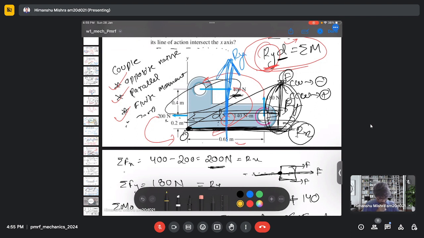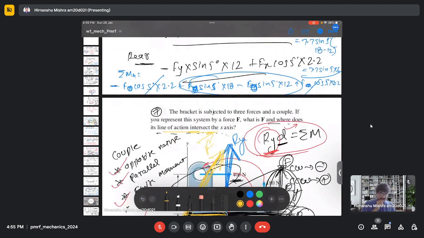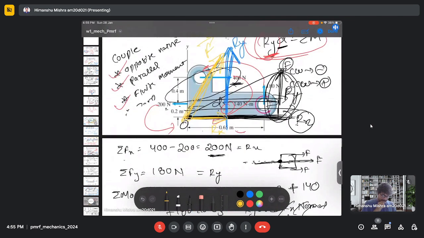And this is the vector of overall force, and this is your Rx, which, as given in the question, is at the line of intersection of the x-axis.